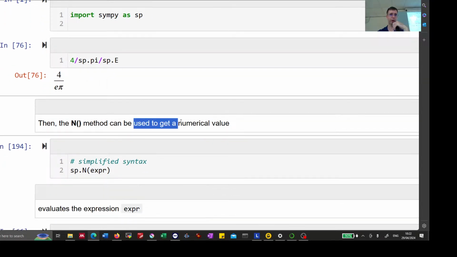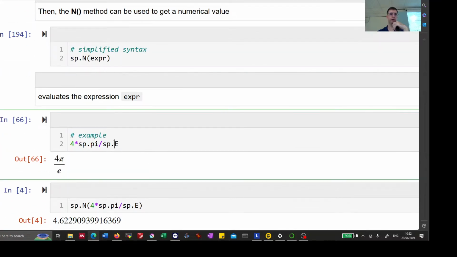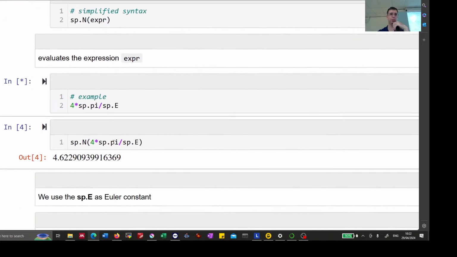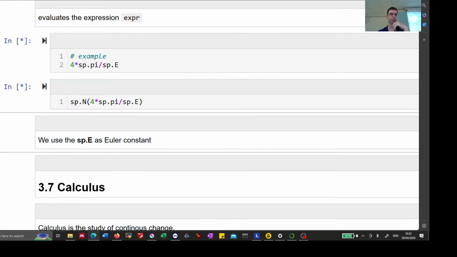Right, so a numerical value. So again, I have 4 pi divided by Euler number. It's different from above. But when I take this and I plug it into SymPy n, I get the value behind it, in principle.